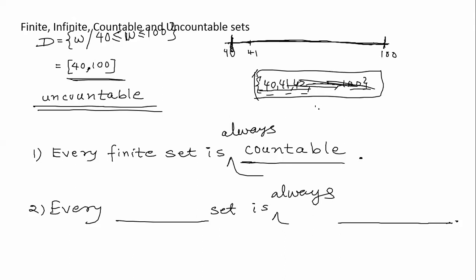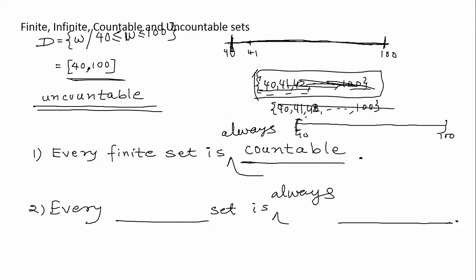There is very little probability that it will be exactly 52. So I cannot write 40, 41, 42 until 100. I have to write it as continuous: 40 to 100.